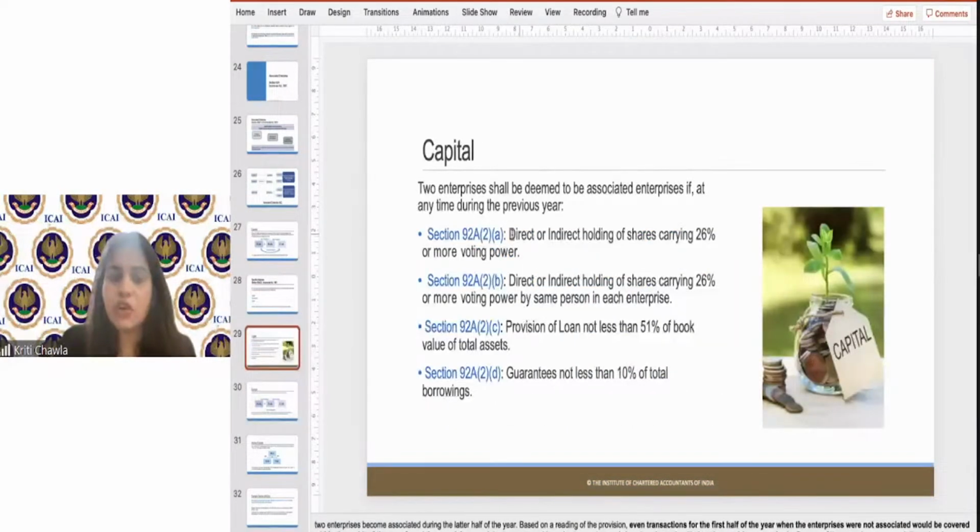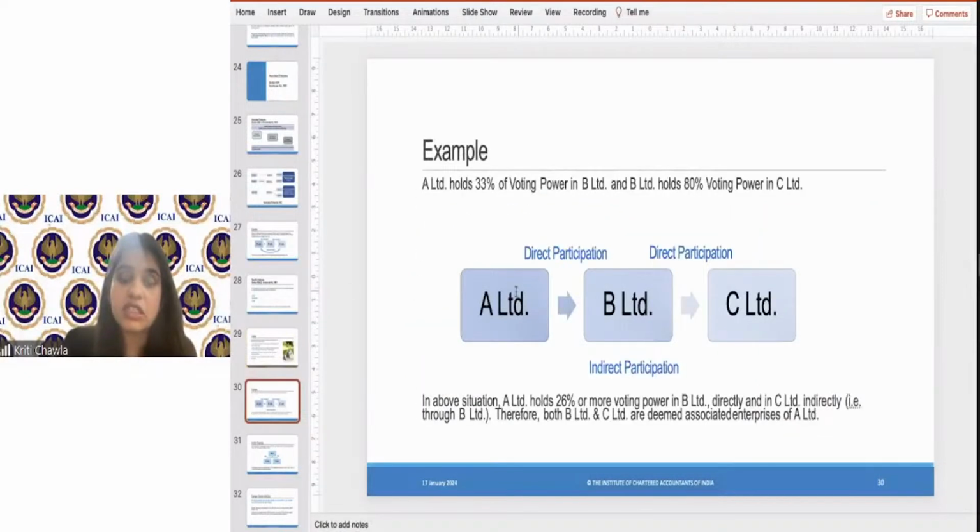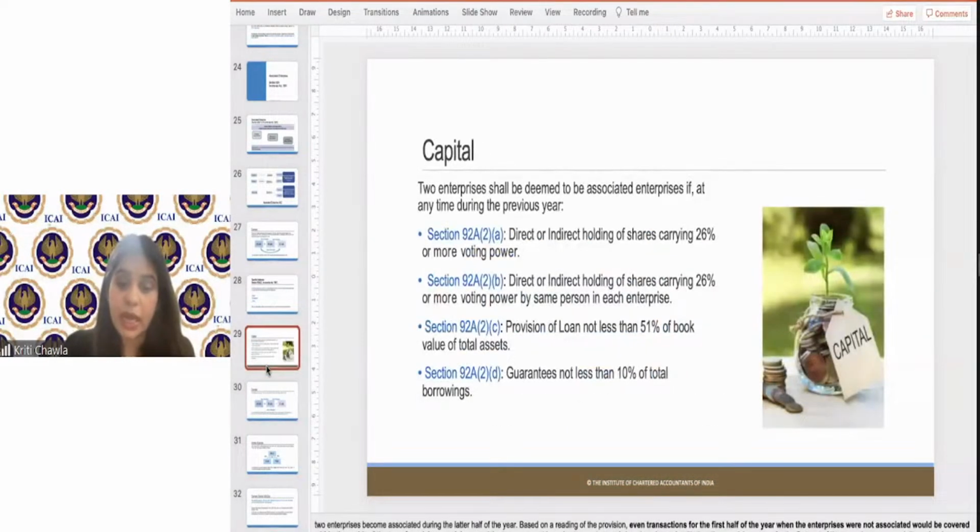And this is coming from section 92A2 because it says direct or even indirect holding of shares carrying 26% or more voting power. So in this situation, A is indirectly related to company C because there is indirect holding of more than 26% share capital. So this is what you have to look at.